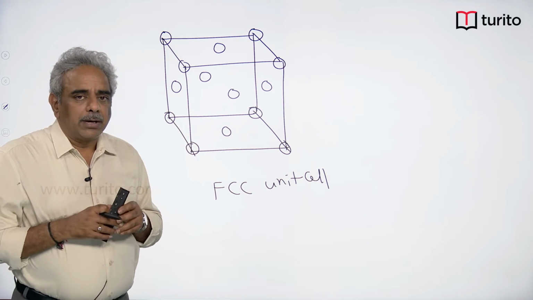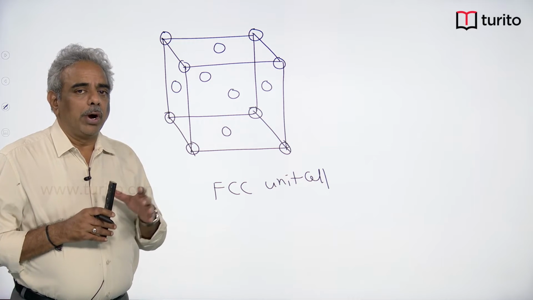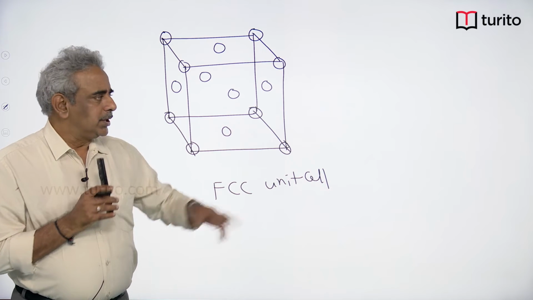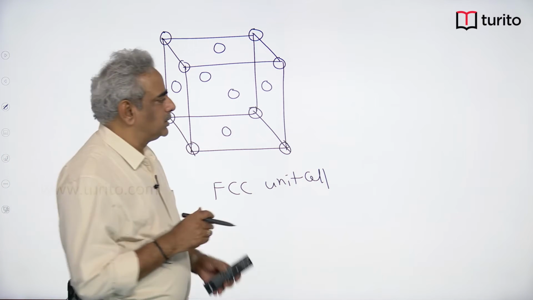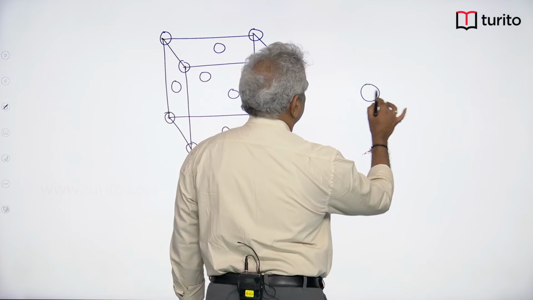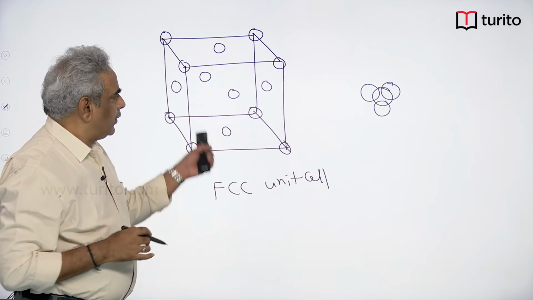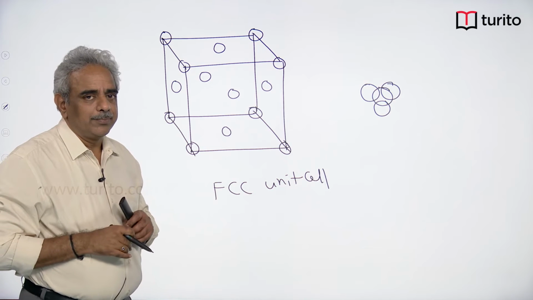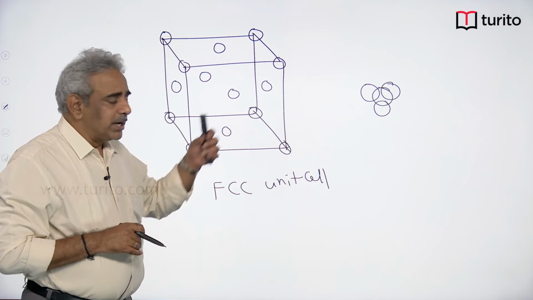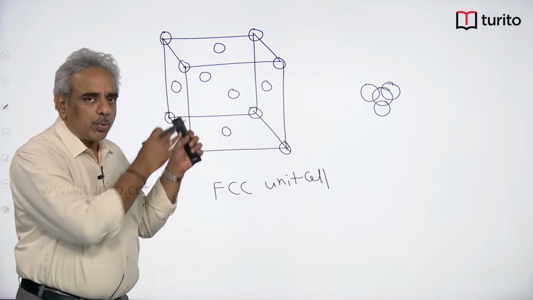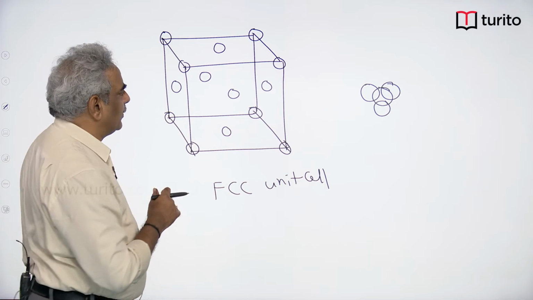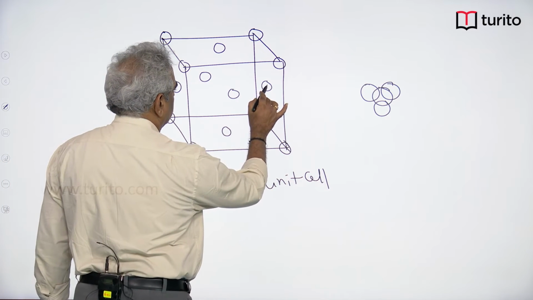Now, where do you find a tetrahedral void? Just now I showed you how a tetrahedral void is formed: 3 spheres on which 1 sphere sits. Where do you find such an environment in this FCC unit cell? We will try to prove it here. Very simple. Just see this.